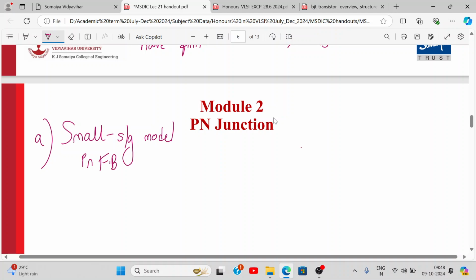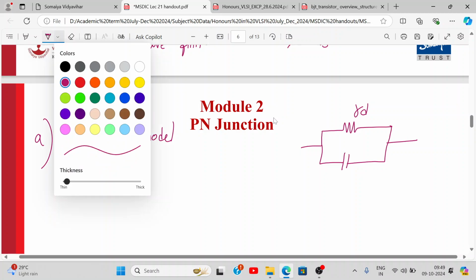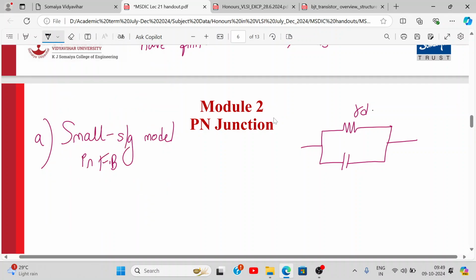So what will this contain? It will contain R_D and C_diffusion, because these two are dominant. Acha, what is the R_D value? V_T by I_D. Yes, this is in millivolts and this is in milliamperes. So this will be a few ohms, which is very small. So basically the value of R_D will be small.